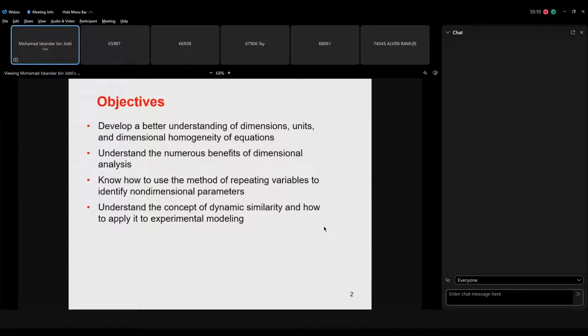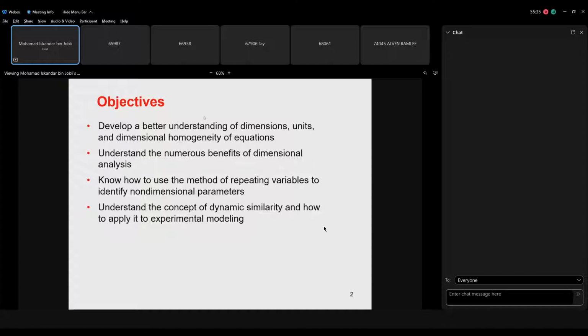Modeling is basically for you to approximate the real life thing. If you are going to forecast the speed of a car, instead of measuring the car itself, you can do modeling. You can develop an equation that could represent the whole thing. So dimensional homogeneity is for you to check whether your equation is valid or not.